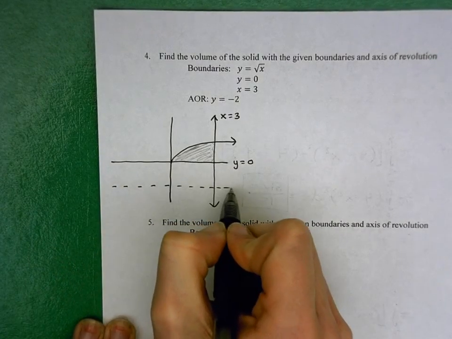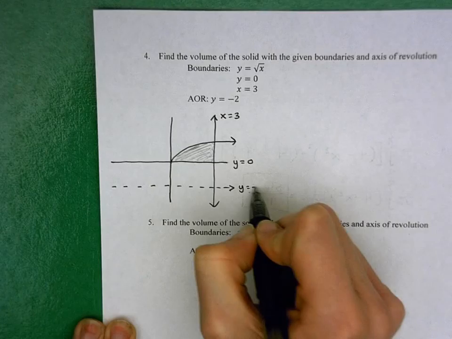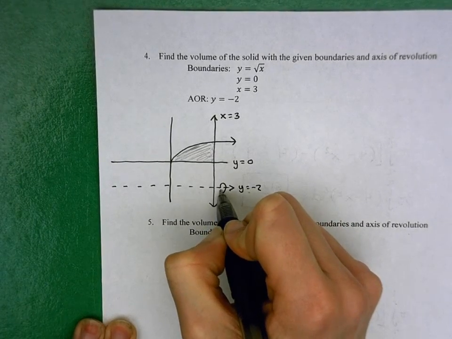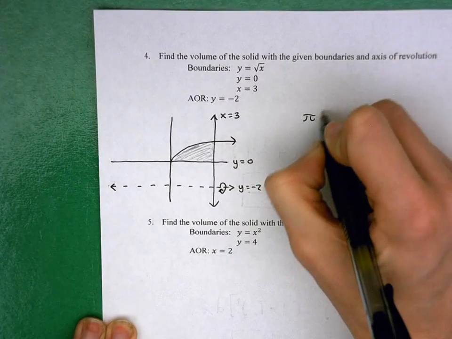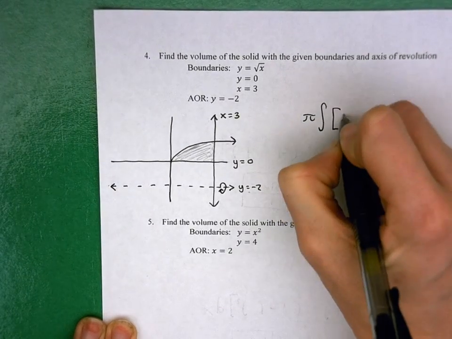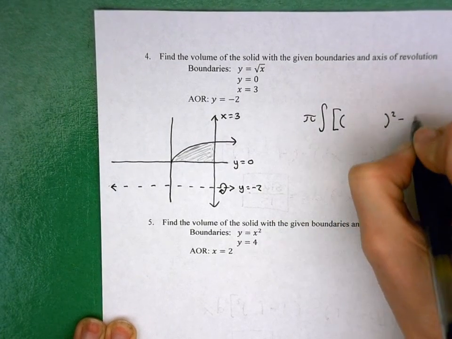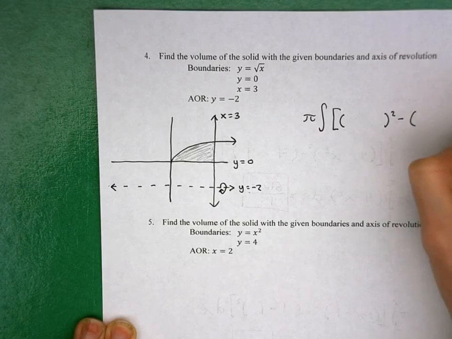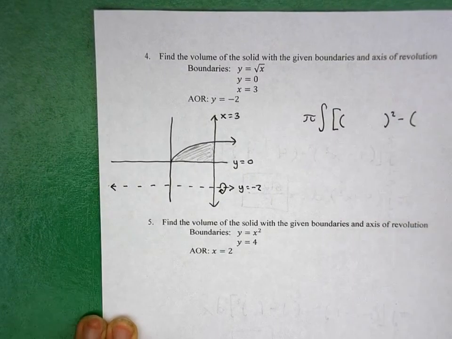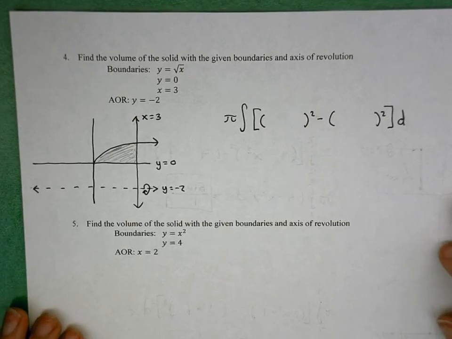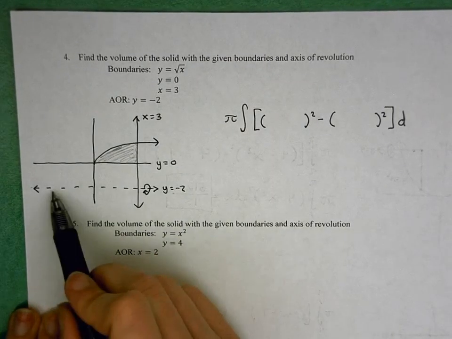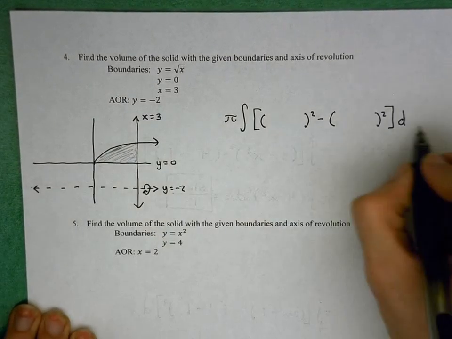That's our axis of revolution. So we have pi integral big R squared minus little r squared d something. This axis of revolution is parallel to the x-axis, so it's dx.